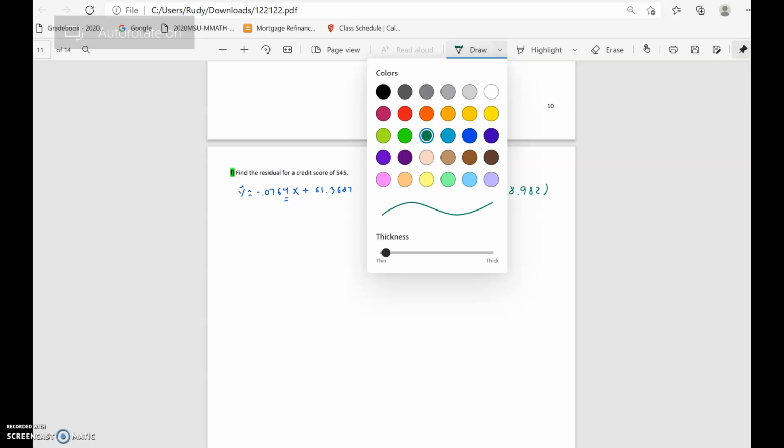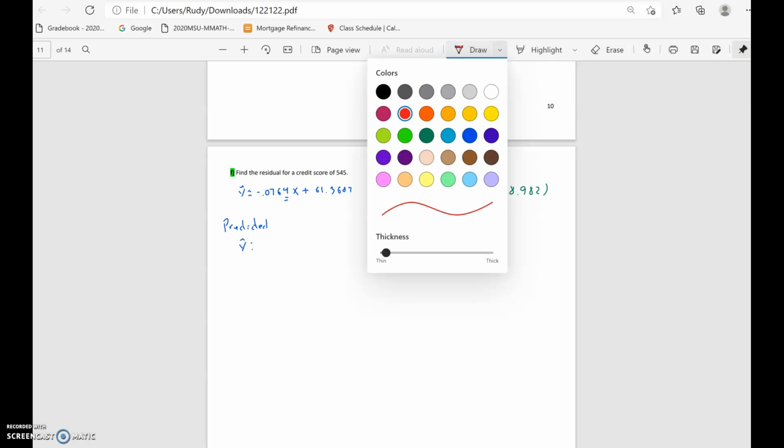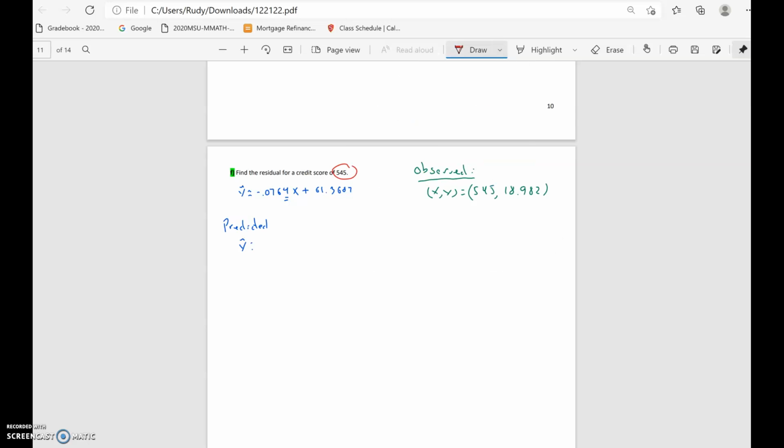So our predicted value, so for the predicted y, in this case it's going to be y hat, we're going to be evaluating 545 into the x's. Remember that x is equal to 545.